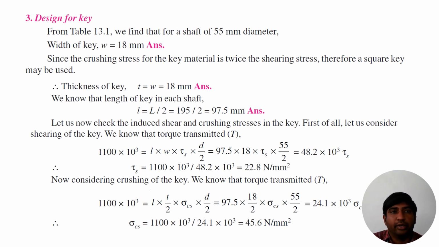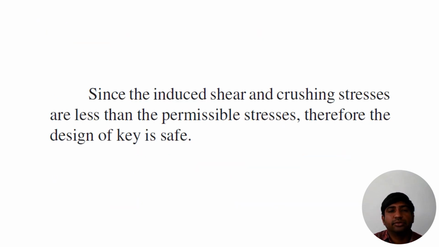For the checking of crushing stress, this is also within the safe limit. In conclusion, since the induced CSS and crushing stress are less than the permissible stress, the design of the key is safe.